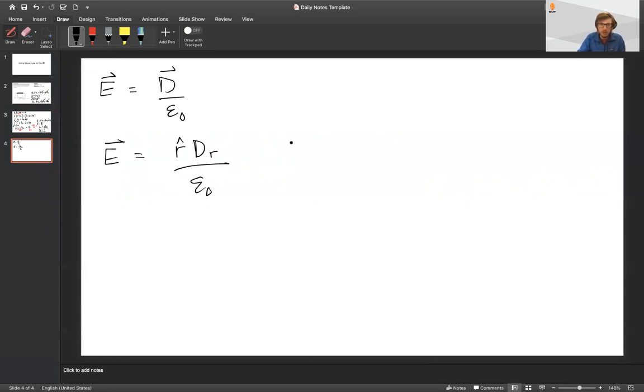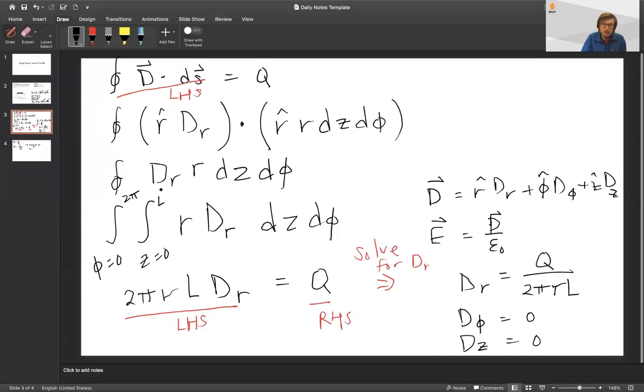And we found an expression for Dr. And that was right here, that Dr equals Q over 2 pi rL.